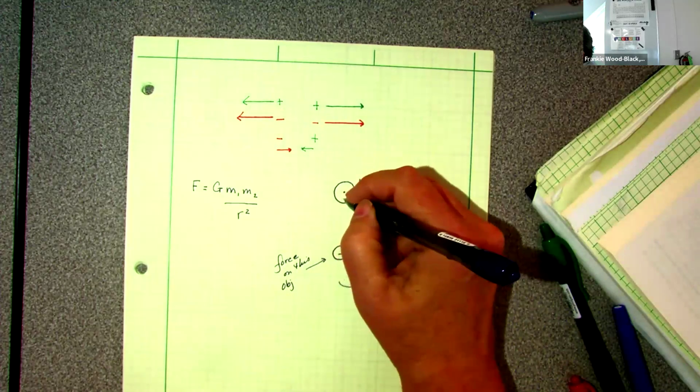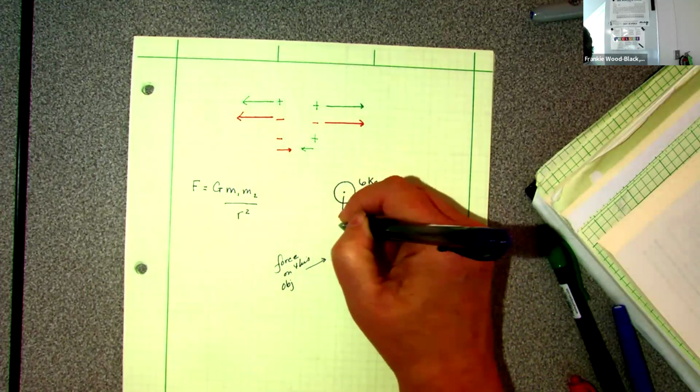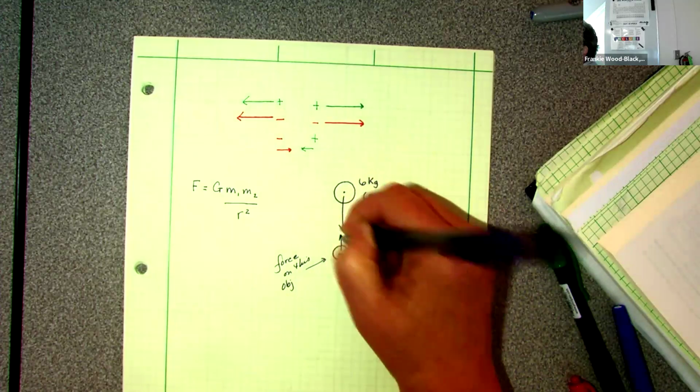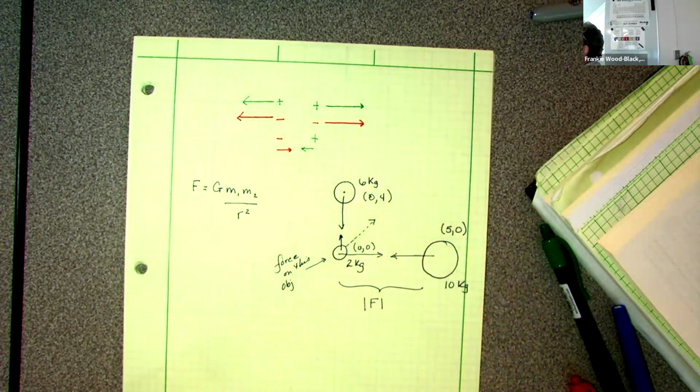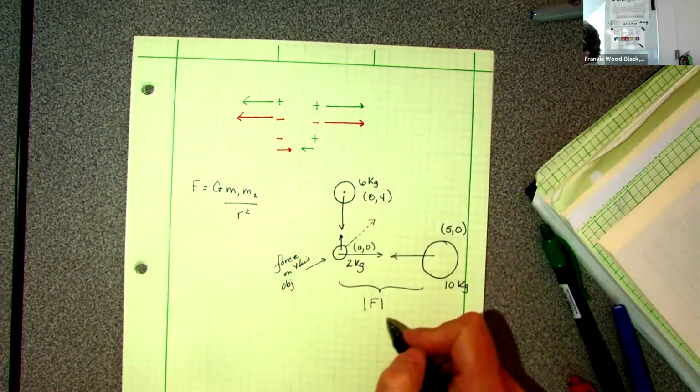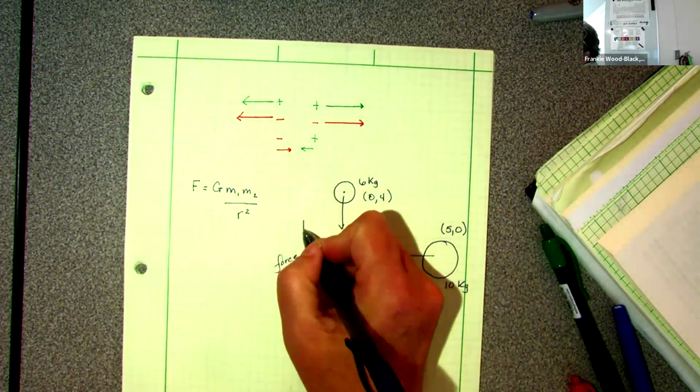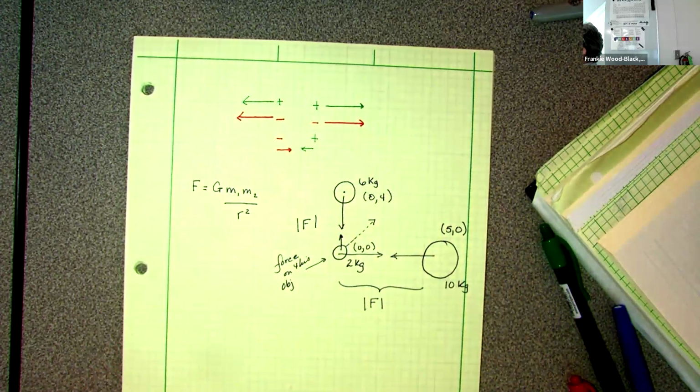So the resultant force is going to be something that looks like that. I'd have to calculate the magnitude of each force, and we're having to add our vectors, with all of those lovely little pieces associated with it. So that's what we've got.